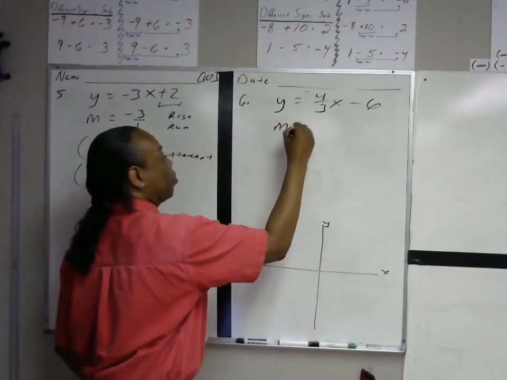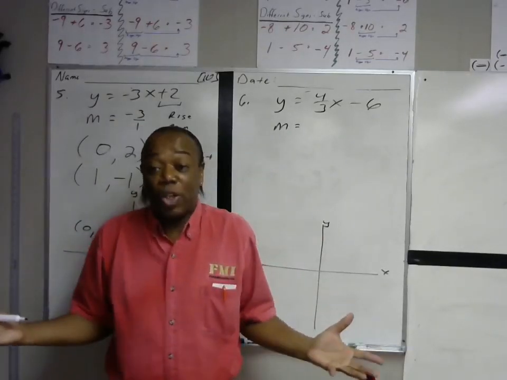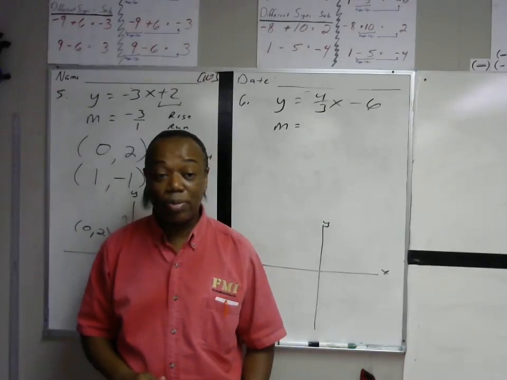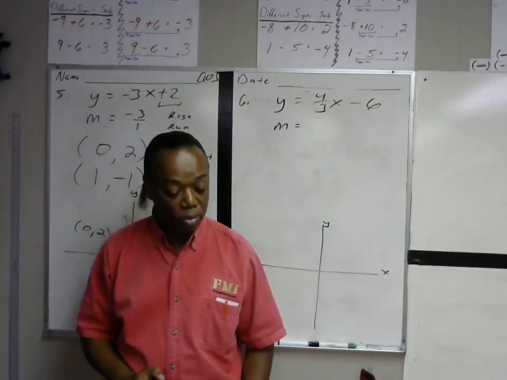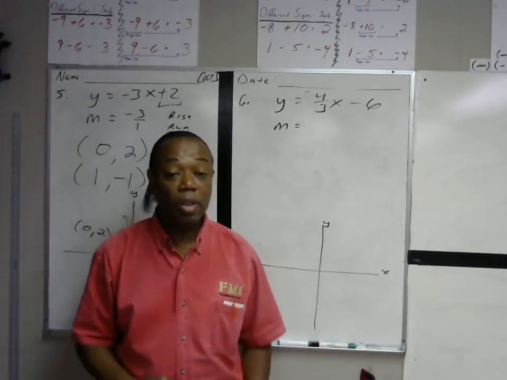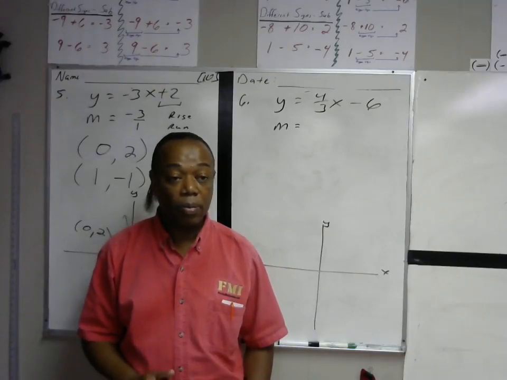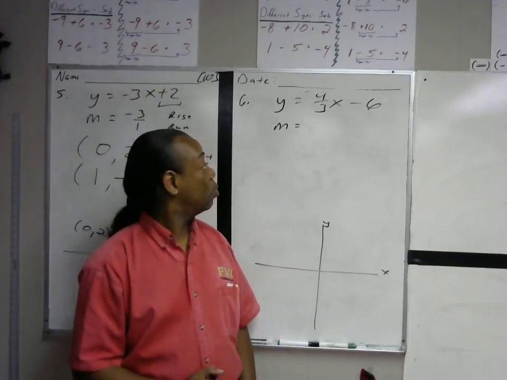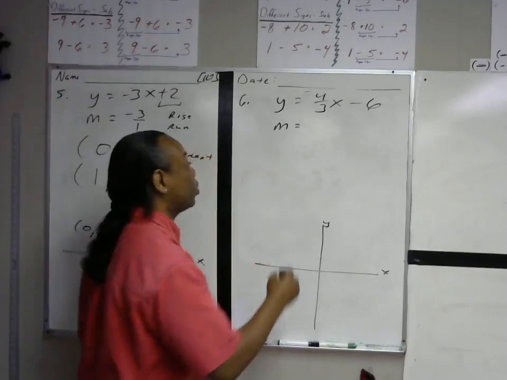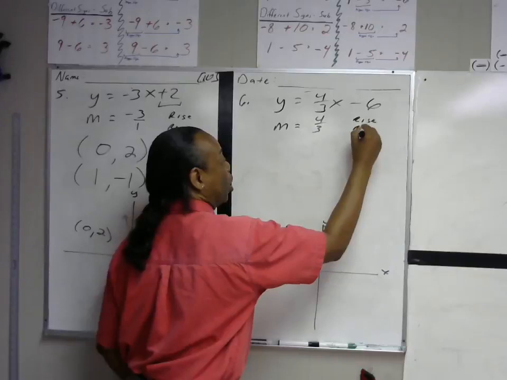First thing we ask, what is the slope? -6? On this one right here? Oh no, it shouldn't be -6 on this one. So 4, 3. There you go, 4/3. That's your rise and your run.